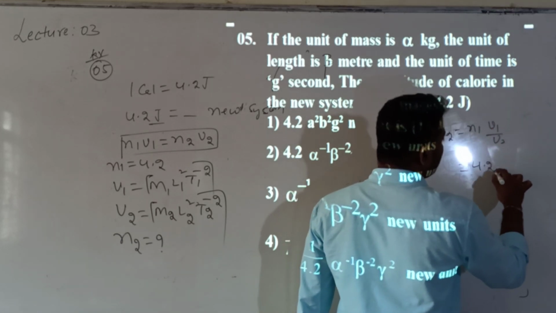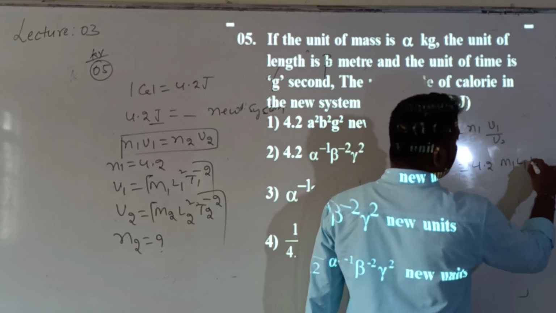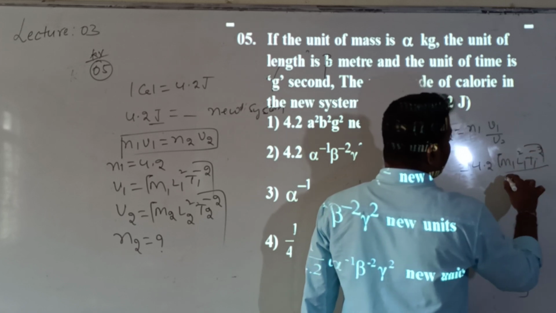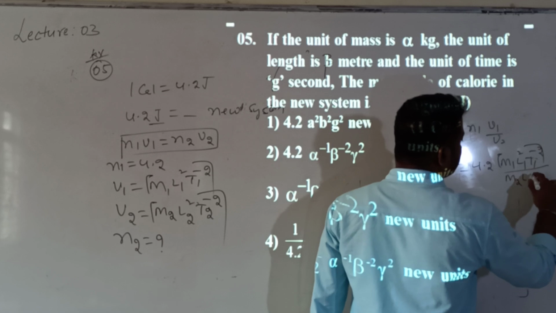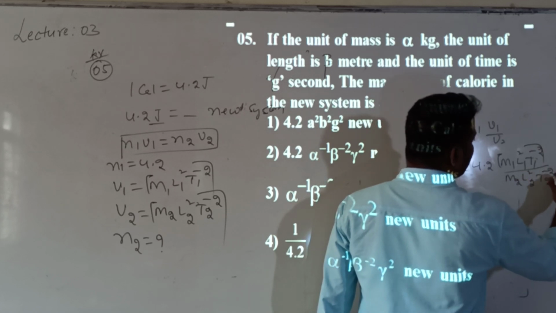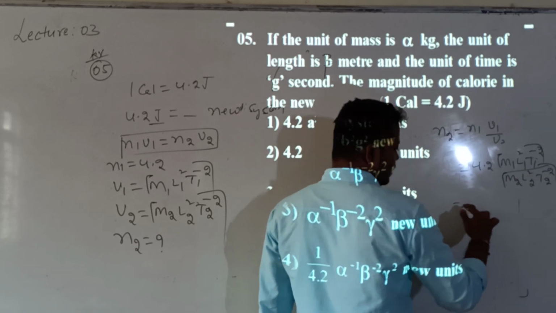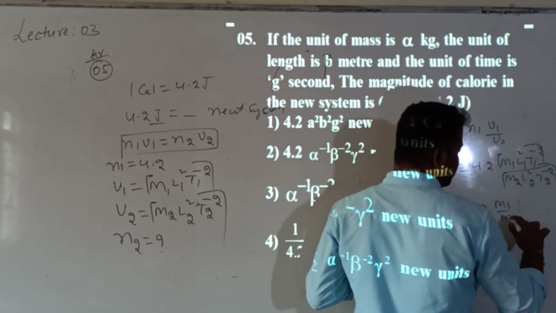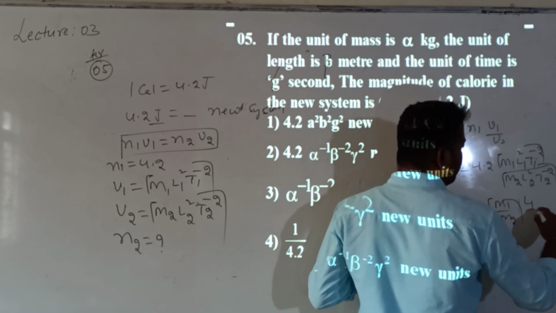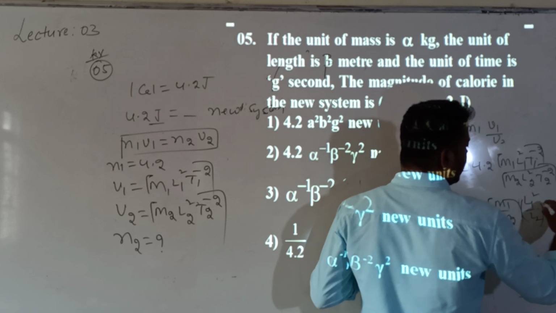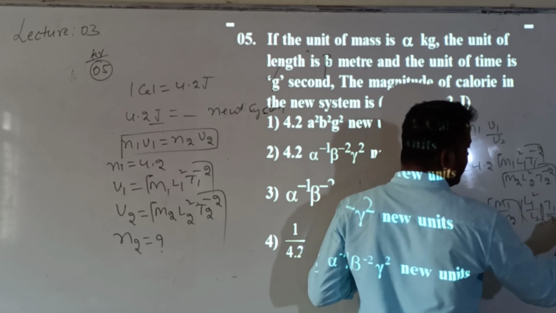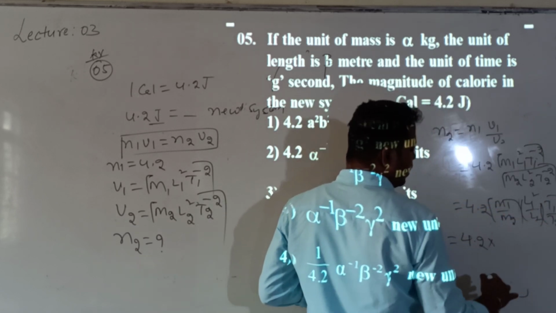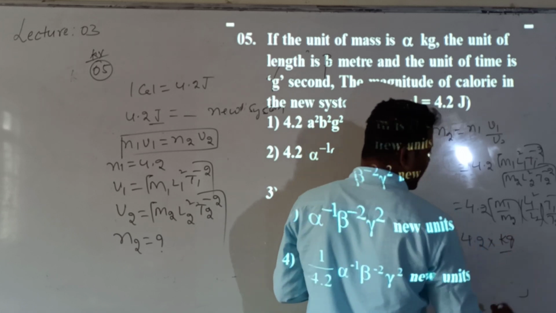N1 value 4.2, U1 is M1 L1 square T1 power minus 2, by M2 L2 square T2 power minus 2. Right? Then this is equal to 4.2 into M1 by M2 into L1 by L2 whole square into T1 by T2 whole power minus 2. M1 is the mass in the SI system, kg.